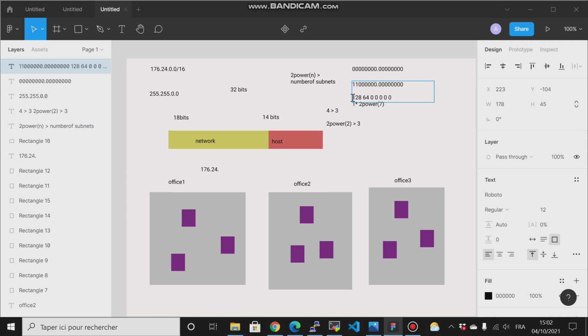Then we combine these two values, right? And let us combine them and see how much. You can do some calculation and answer that, and it is equal to 192.